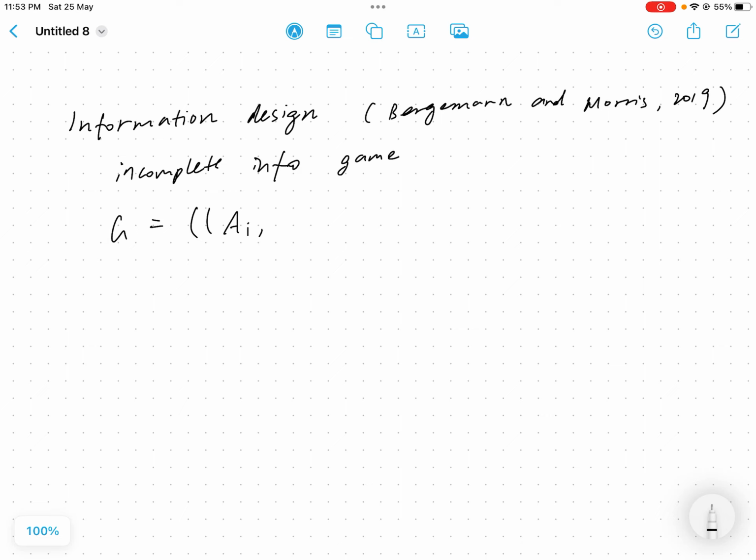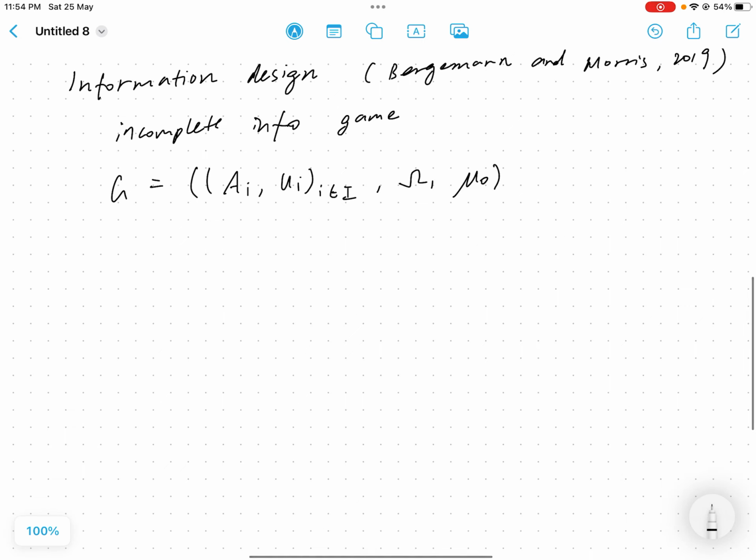Here we have one information designer, which is outside of this game, so it's not counted toward the I's. The I's simply include the receivers, the decision makers. A_i is the action set, and U_i is the utilities, for all the players i in the set I, and then the state space and the prior. That's the basic game.